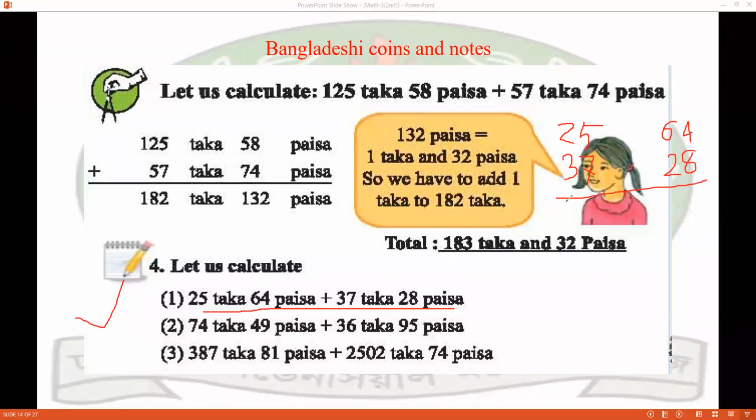So you have to solve it: 8 and 4, that means 12, 2 remain 1, 3 and 6 and 1... Taka: 5 and 7, that means 12, 2 remain 1, 3 and 1 is 4 and 2 is 6, 62 taka, and paisa 92. So we write here is equal to 62 taka and 92 paisa.